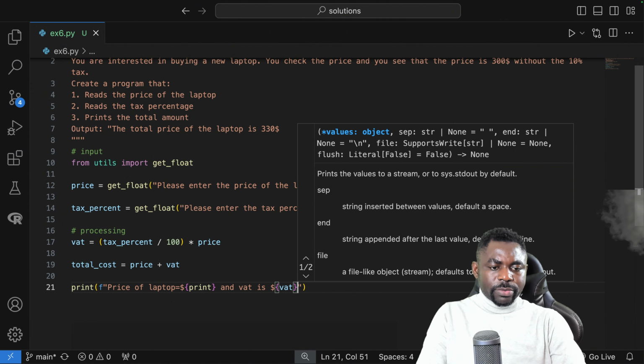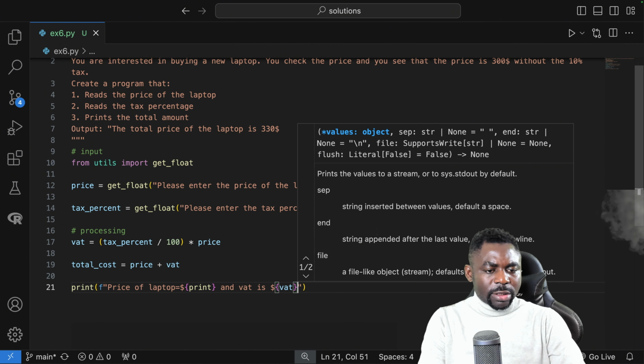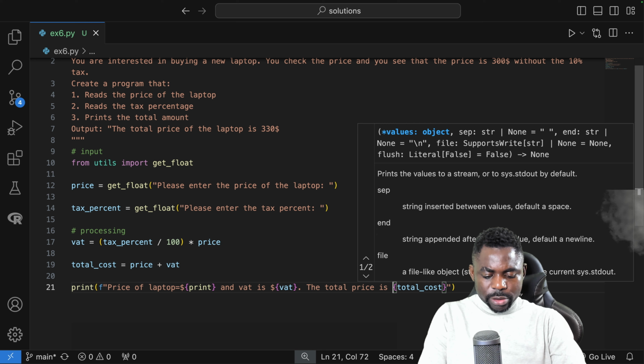Price of laptop is this and VAT is this. The total price is, now we put total cost in dollars. This is all about this program. It's not more difficult than this.